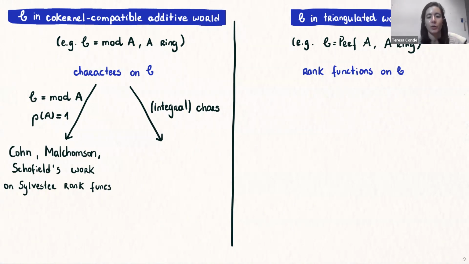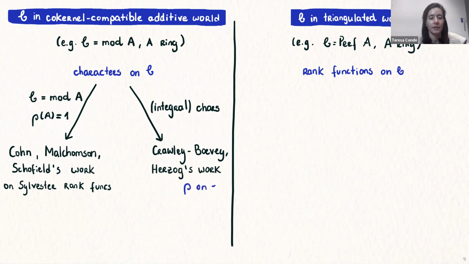And in this more general setting, and if one moreover restricts to characters taking integral values, there's a whole work by Crawley-Boevey and also by Ivo Herzog on this type of characters. And a nice thing about the work of Crawley-Boevey on this is the strategy. So the strategy is as follows.